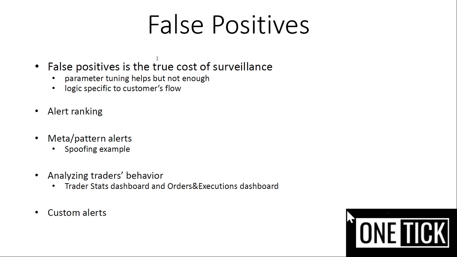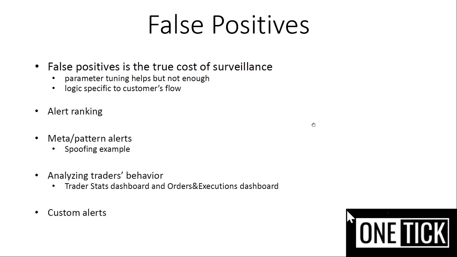The one that we already discussed is making parameter tuning easily available, but that is usually not enough. In addition to that, we let customers specify any custom logic that makes sense to them, and we can incorporate that logic in the alert logic that will be applied just to the client's flow.